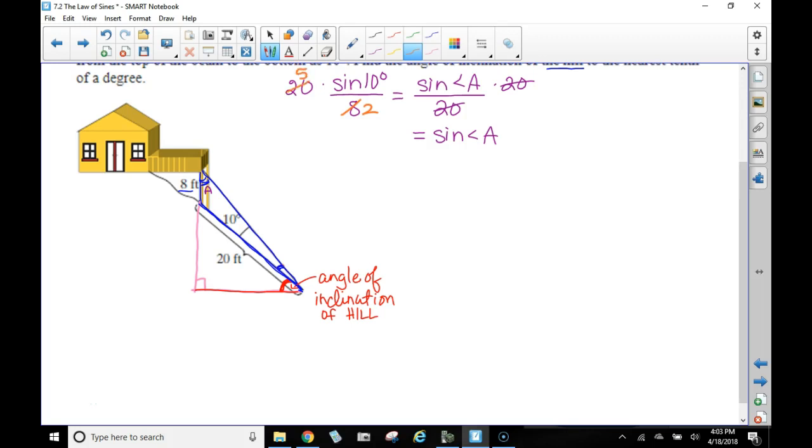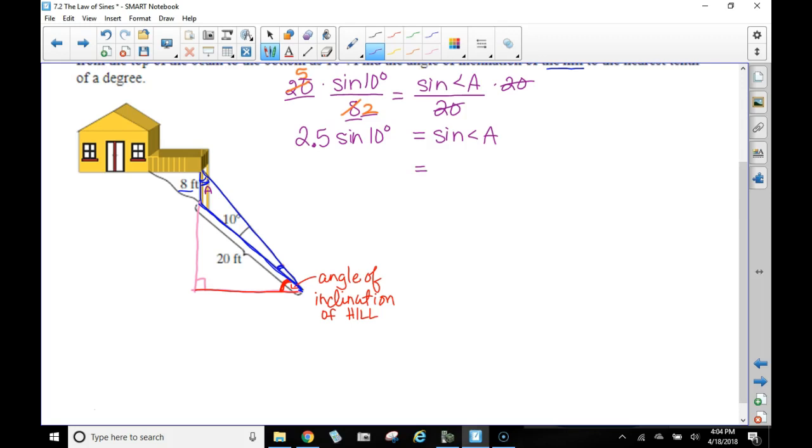So I can have 5 times the sine of 10 divided by 2, or what's equivalent, 5 over 2, that's 2.5. I just think that would be easier to punch into my calculator.